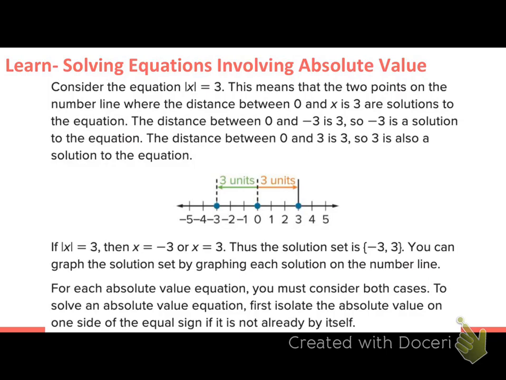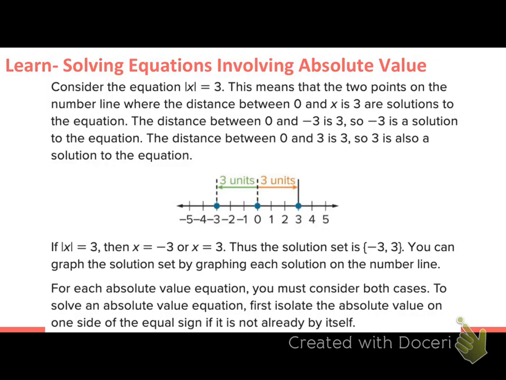Those numbers are solutions to the equation. Kind of like what we talked about on the previous slide, the distance between 0 and negative 3 is 3. So negative 3 is a solution to my equation. The distance between 0 and 3 is also 3. So 3 is also a solution to my equation.